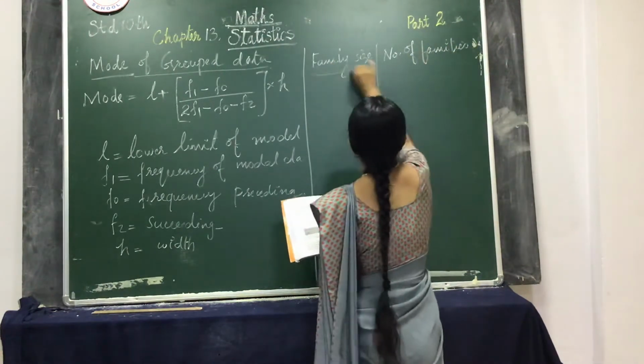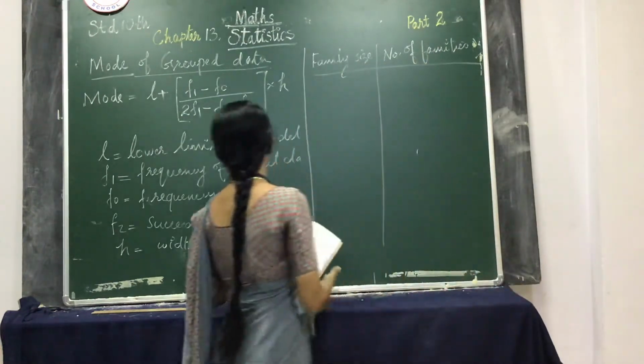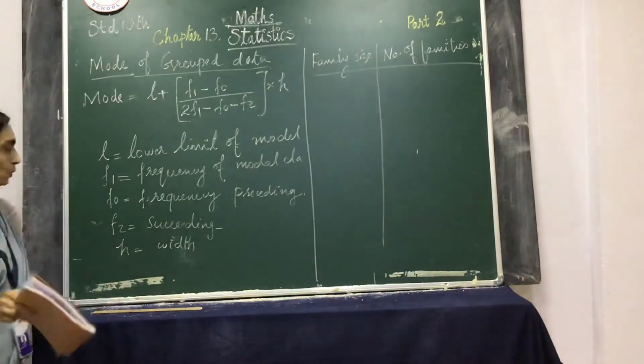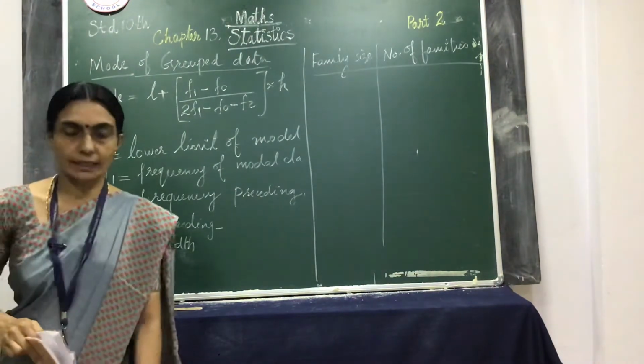From this example we can find out what the letters L, F1, F0, F2 and H represent.